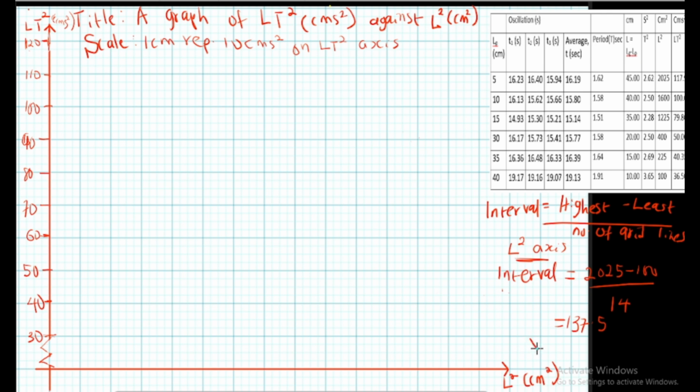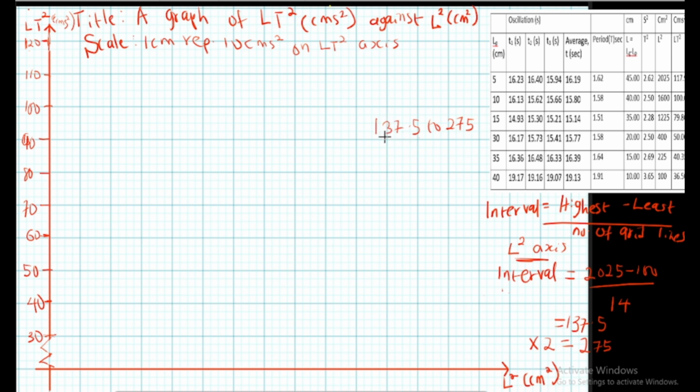To get the upper interval, we'll multiply our lower interval by 2, so we have 275. So we need a number between 137.5 and 275 that will be very easy to work with. A number that I prefer, a number divisible by 5.